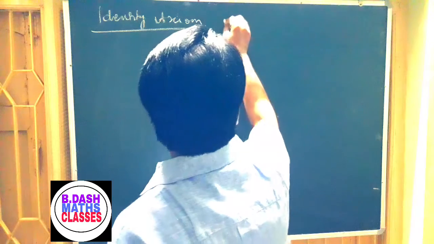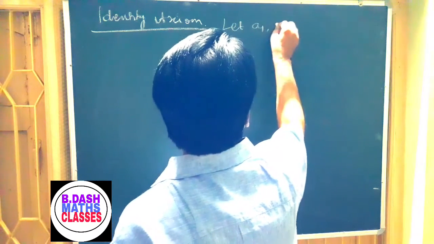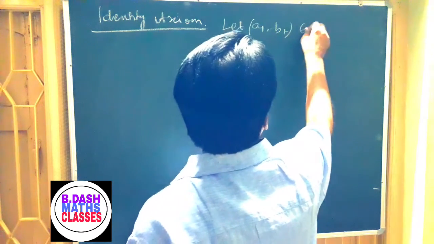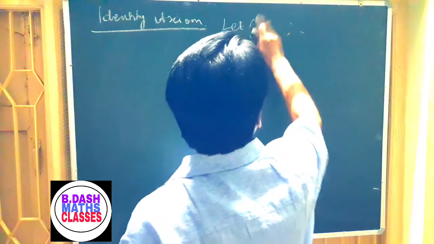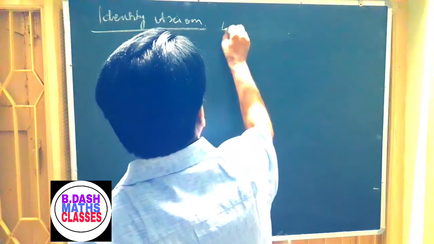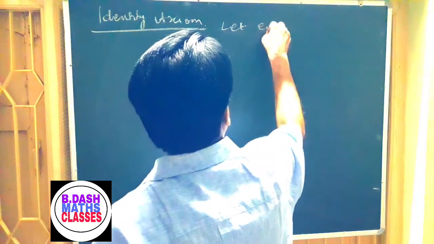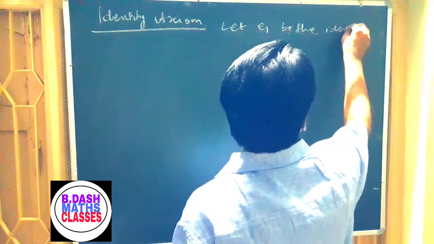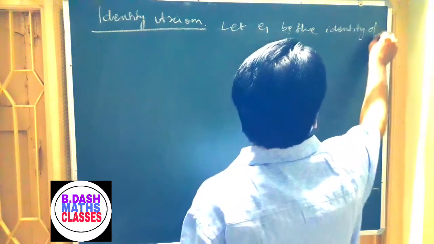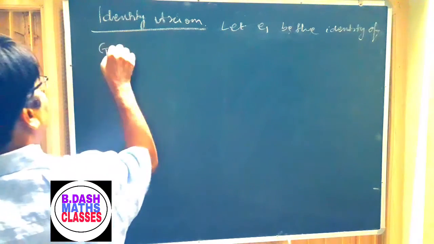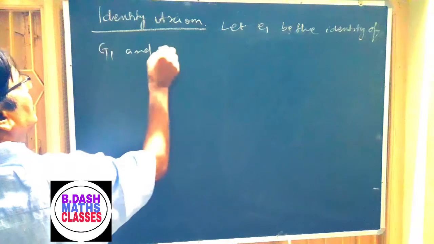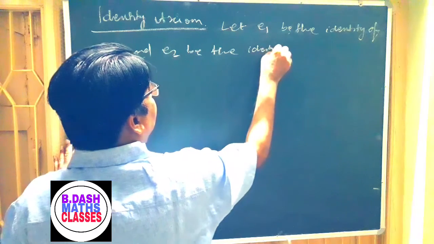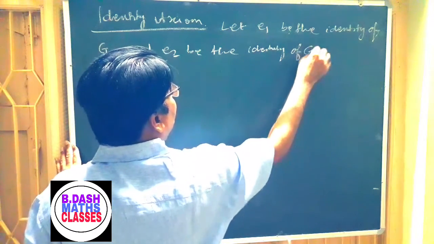Identity. Let e1 be the identity of G1 and e2 be the identity of G2.